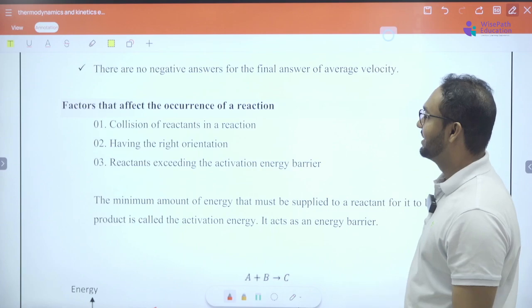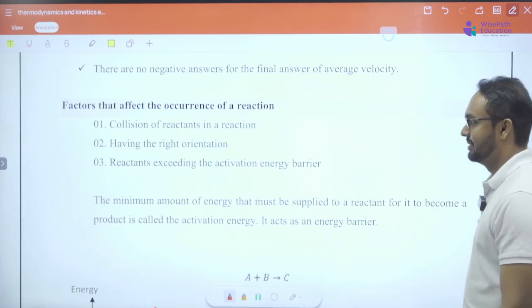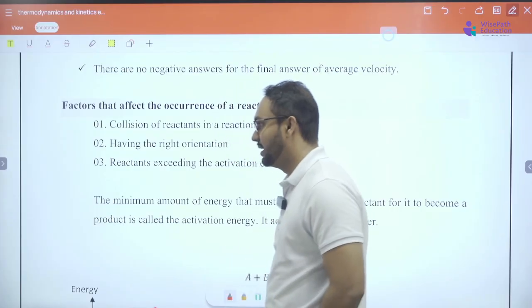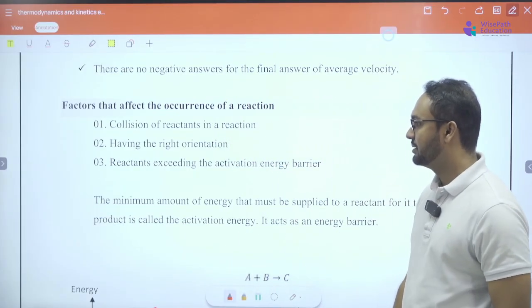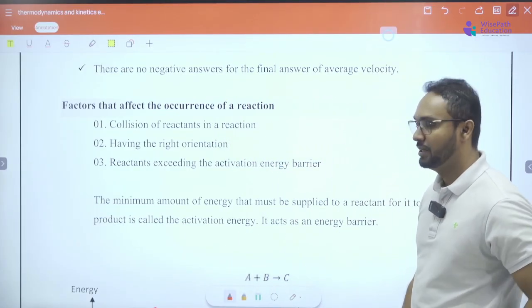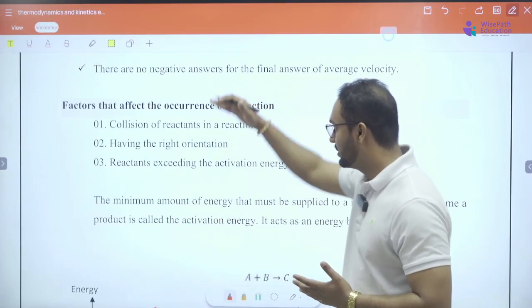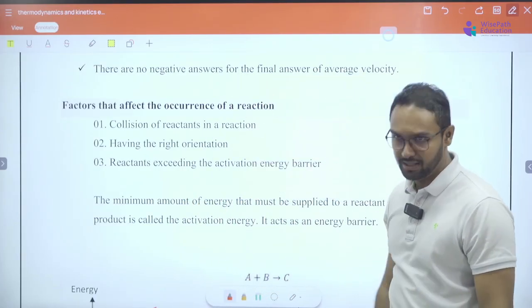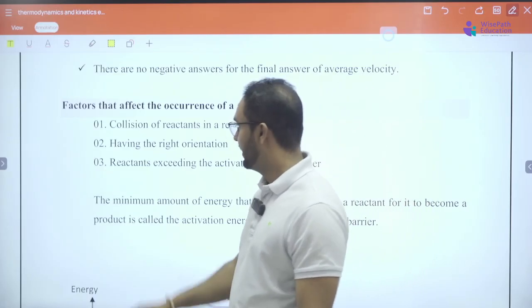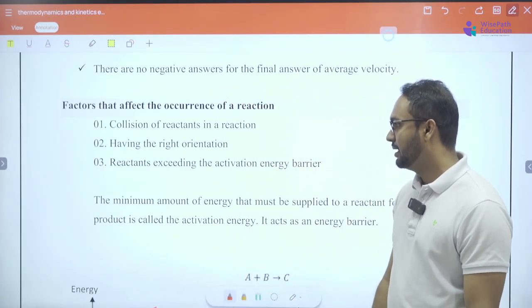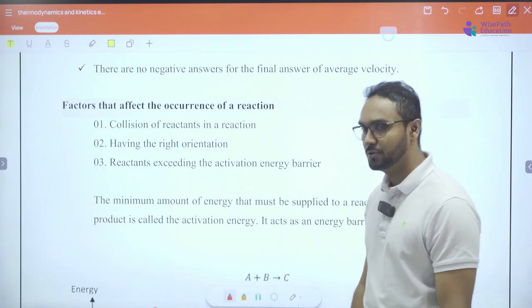The factors that affect the occurrence of a reaction: collision of reactants in the reaction. Now, online people, did you understand it? Shiny, Chanel, did you understand that point? This is called the collision theory. All three of these are called the collision theory.